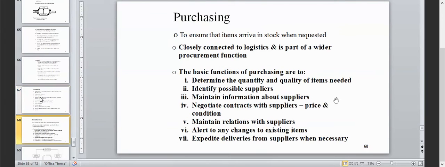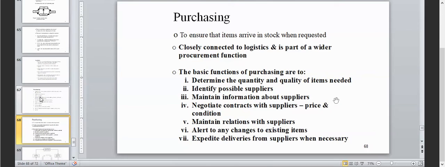Purchasing is to ensure the items arrive in stock as we requested, and is closely connected to logistics as a part of the wider procurement function. For example, the function of purchasing is to determine the quantity and quality of items needed, identify the possible suppliers, maintain information about suppliers, negotiate contracts with suppliers on price and condition, and also maintain the relationship between the supplier and purchasing department.